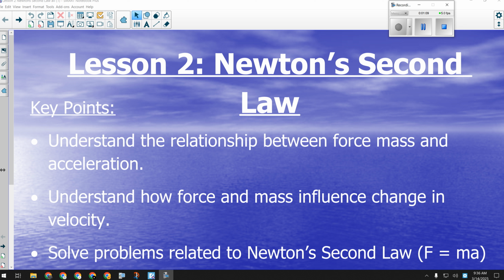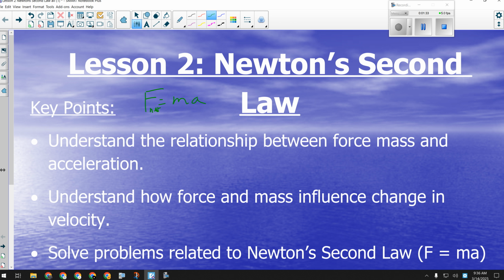Summed up pretty simply, F net equals m times a. F net equals mass times acceleration. Nice easy formula to use, or so it appears.